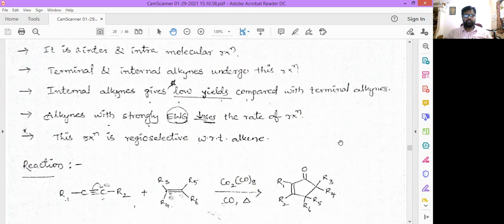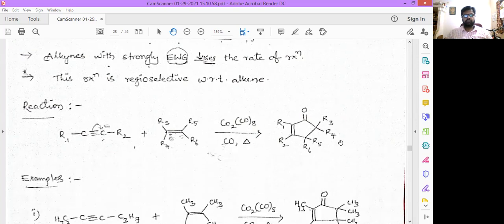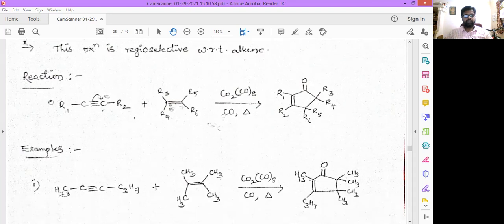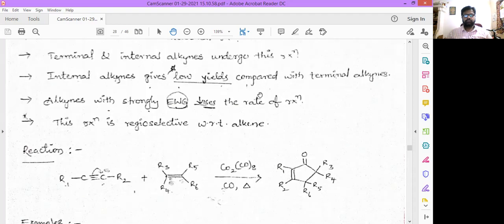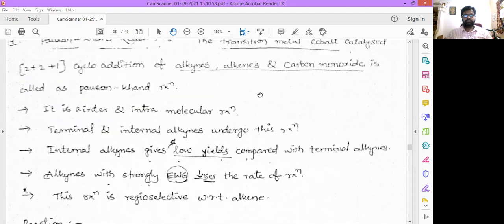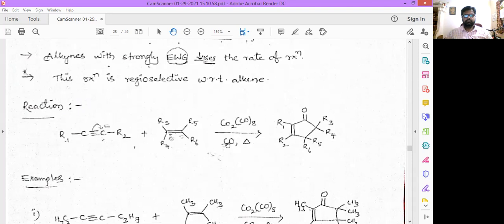This reaction is regioselective with respect to alkenes. Based on the different types of substitutions on the alkene, the reaction rate and regioselectivity will vary. So this is the reaction. This is the alkyne group, and this is the alkene group, and this is the carbon monoxide in presence of cobalt.